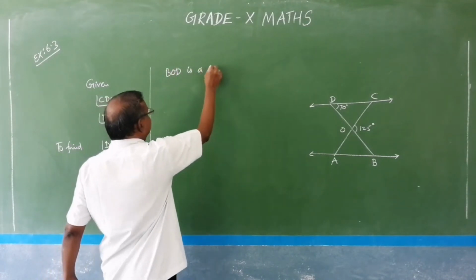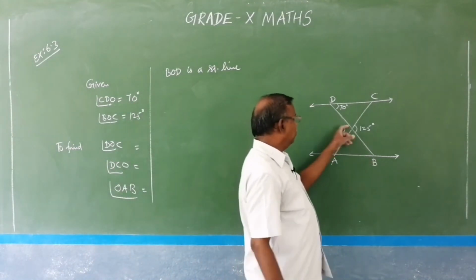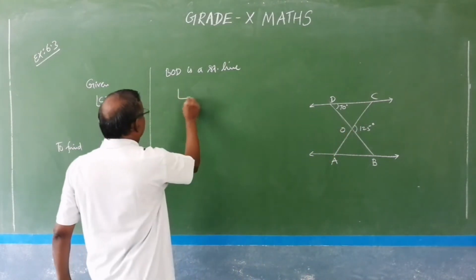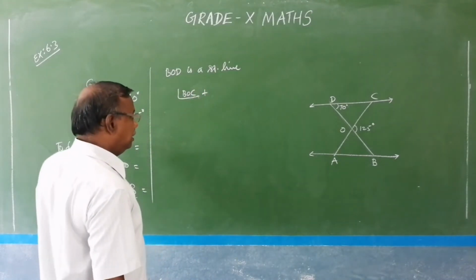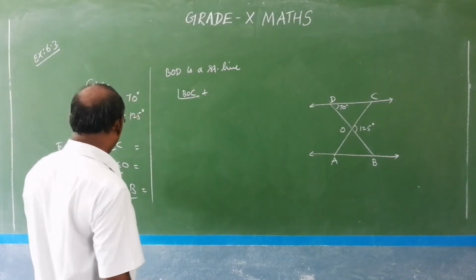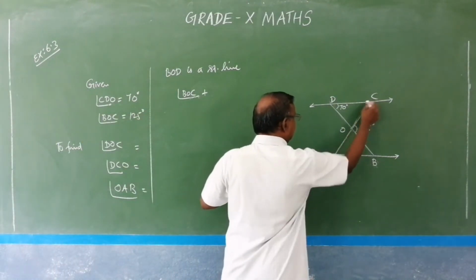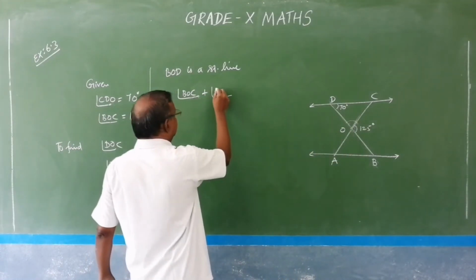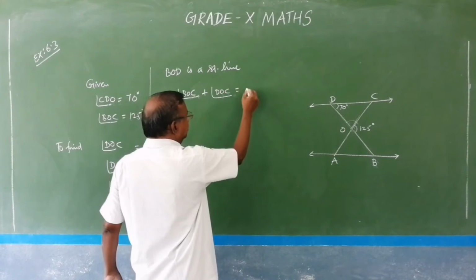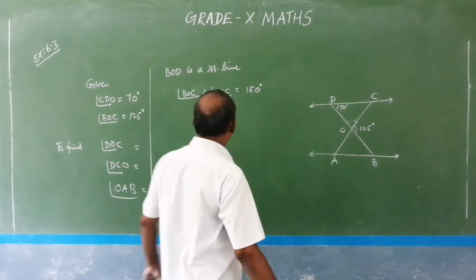BOD is a straight line. So angle BOC plus angle DOC equals 180 degrees, angles in a straight line.